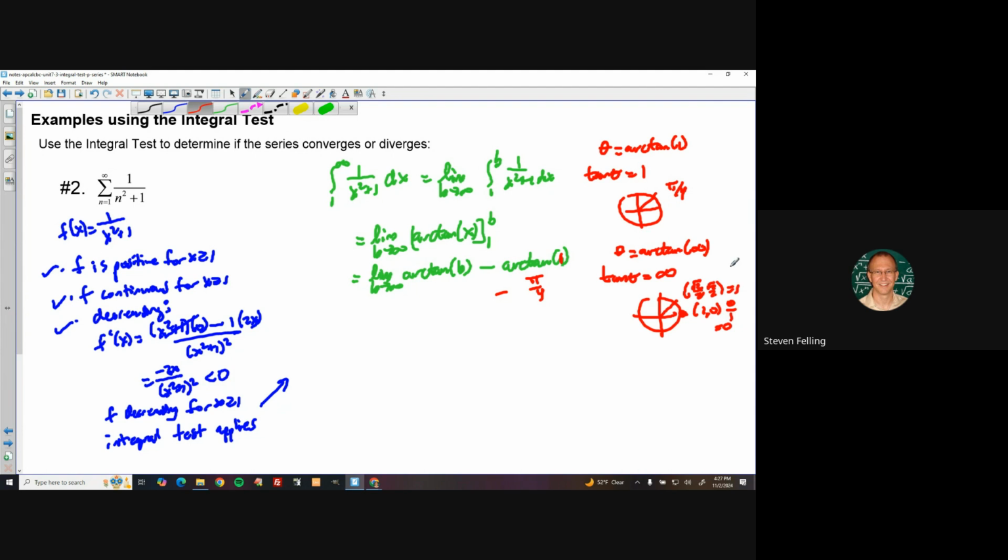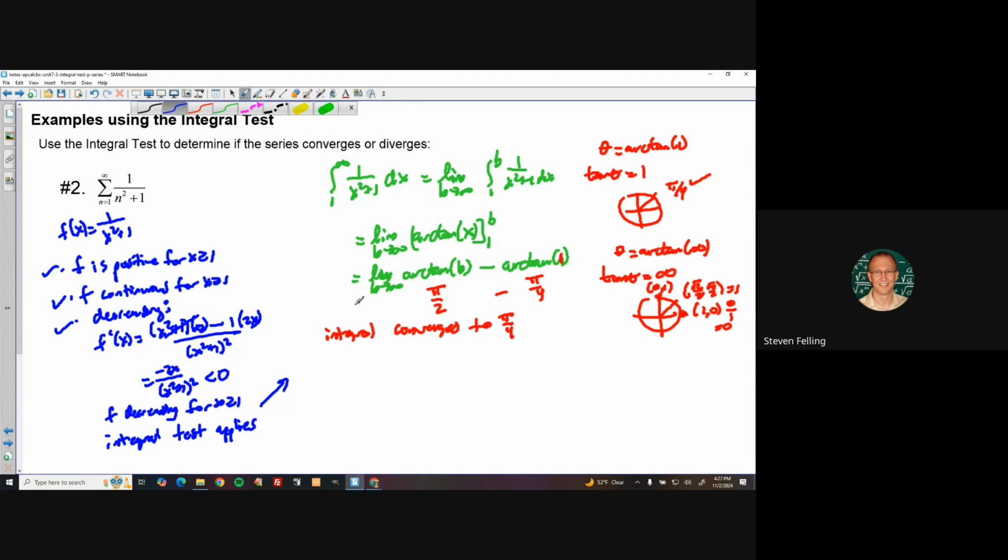That tangent is 1. That's why we got pi over 4. But this point up here is the point 0, 1, where if I took sine divided by cosine, I would be dividing by 0 and going off to infinity. So actually, this angle right here that produces infinity as the output is pi over 2. And that means that this is converging. The integral converges to pi over 2.